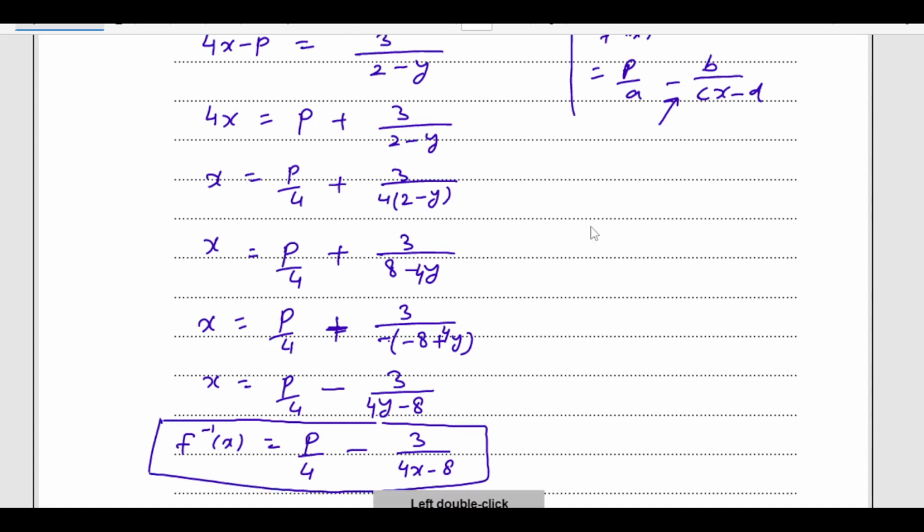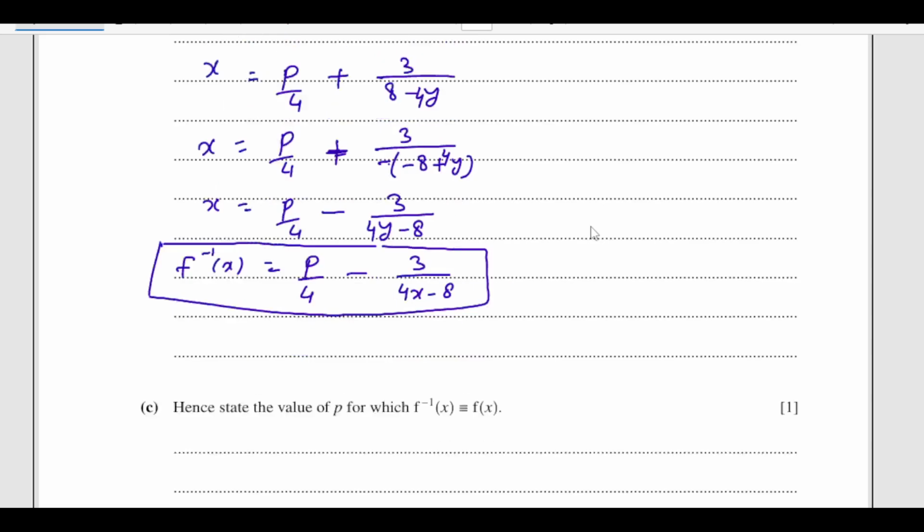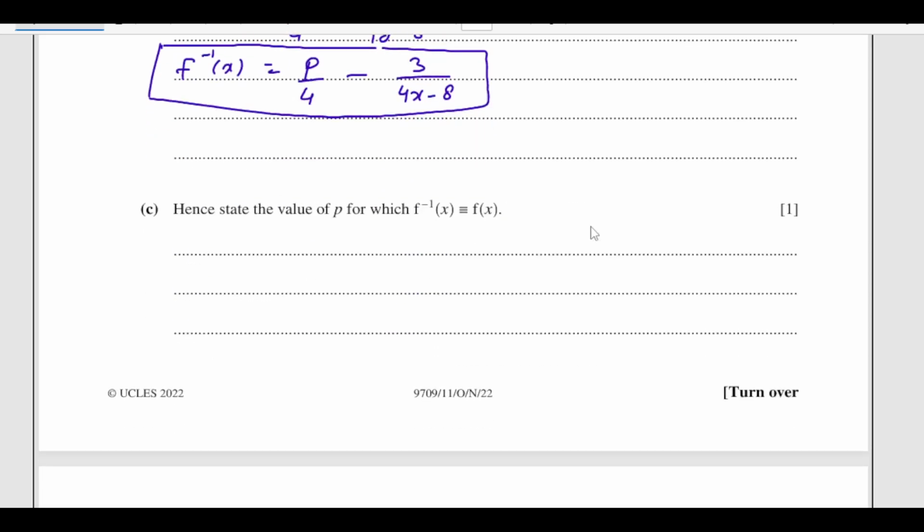In this form. Okay, now next, hence state the value of p for which f inverse x is equal to fx. So f inverse x is this one. I will pick the same equation, p over 4 minus 3 over 4x minus 8 is equal to fx, and fx is 2 minus 3 over 4x minus p. So now just compare this.